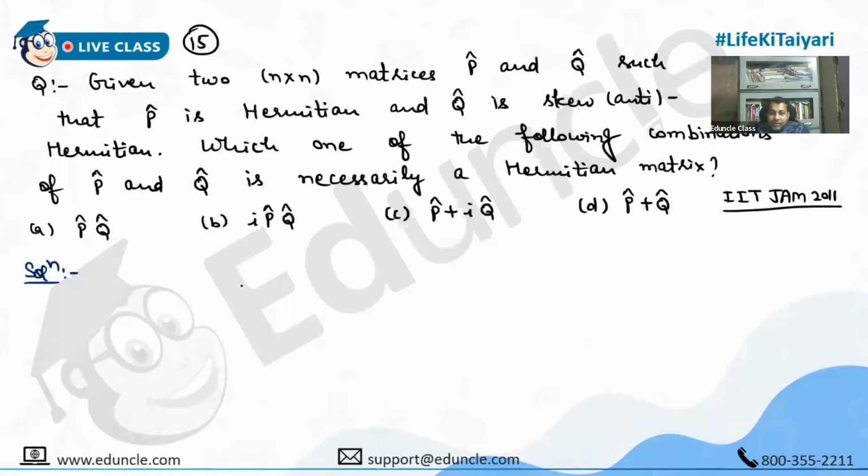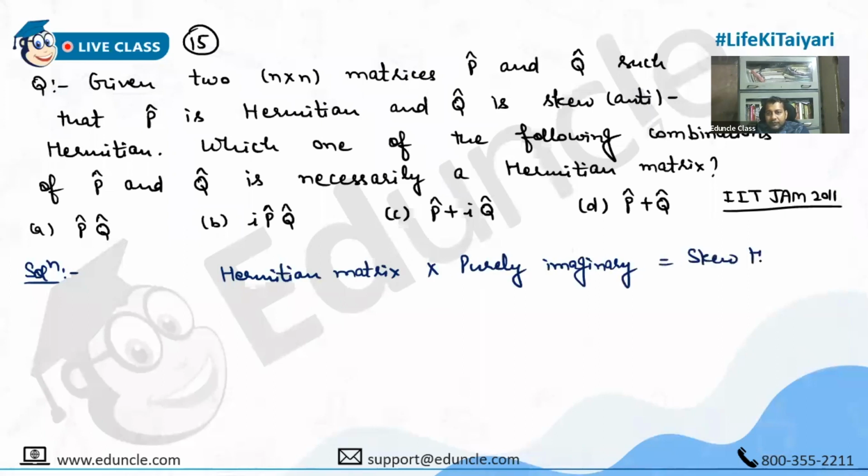multiply a Hermitian matrix by iota, or any purely imaginary number, then it will become skew Hermitian and vice versa. Okay.